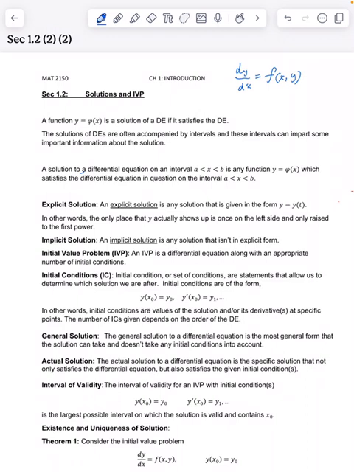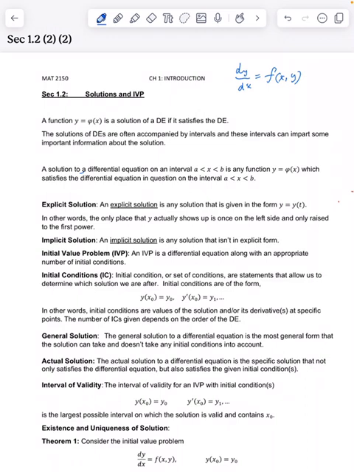Now, we just understood that when we plug a function into the differential equation, the left hand side and the right hand side of the DE should be equal. Then we say that y is equal to phi of x is a solution of the differential equation.